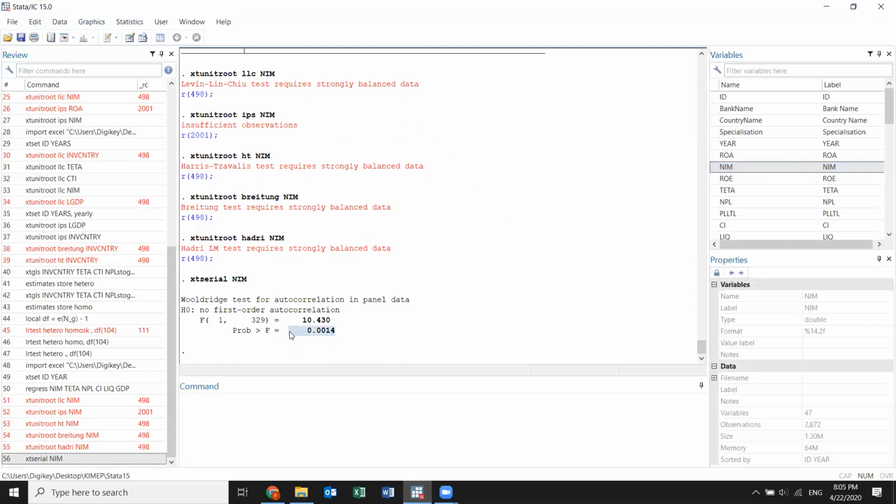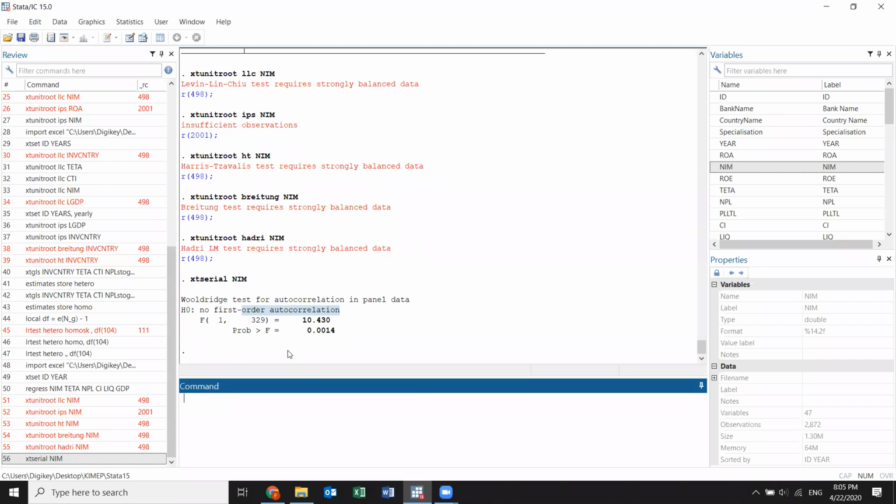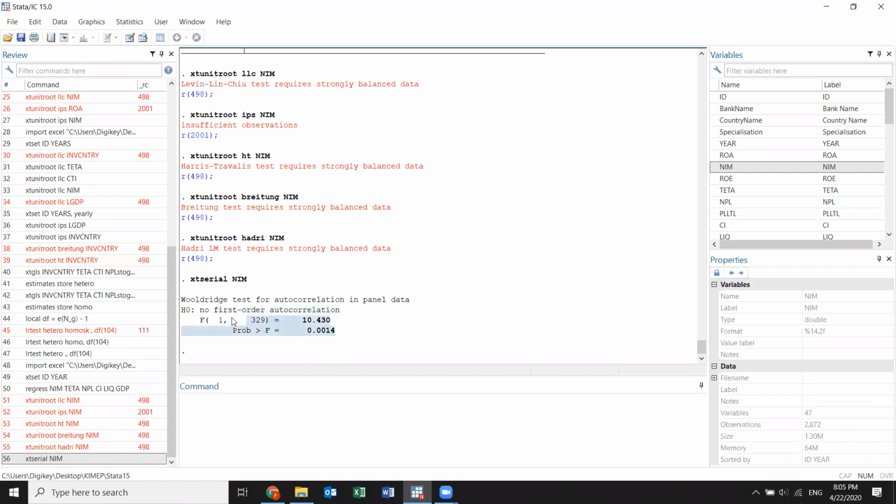So if it's significant, it shows that, look, null hypothesis says that no first order autocorrelation. If I do not reject the null hypothesis, then I will accept it. I will say that there is no autocorrelation. However, if I reject the null hypothesis, I say there is autocorrelation. So significance shows that there is autocorrelation in my model. So in NIM.